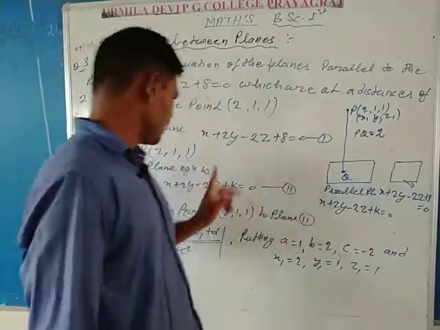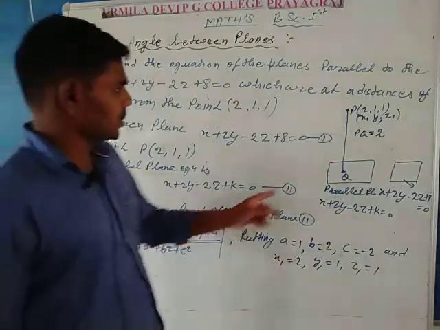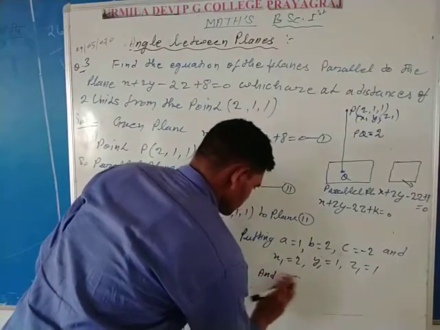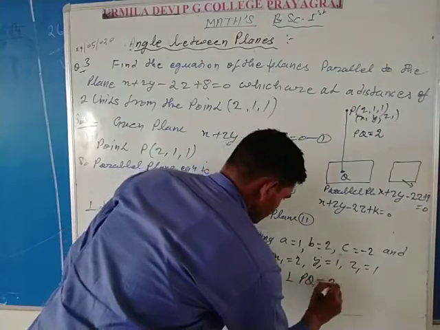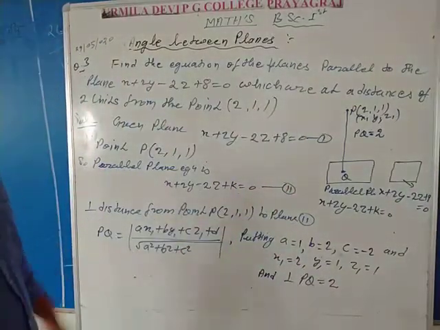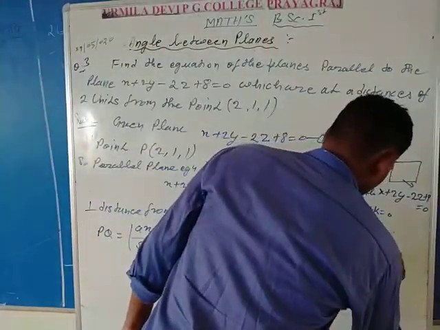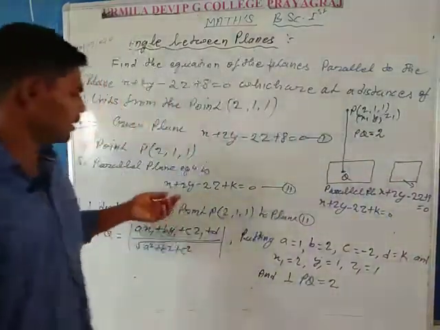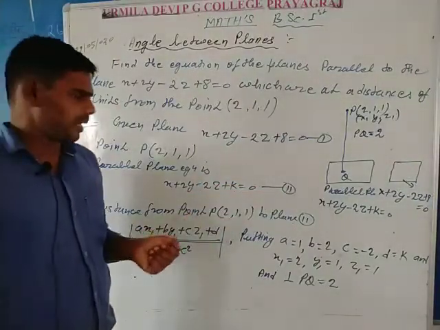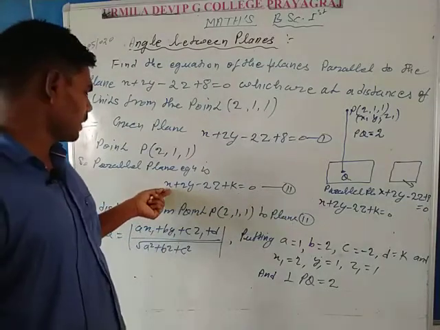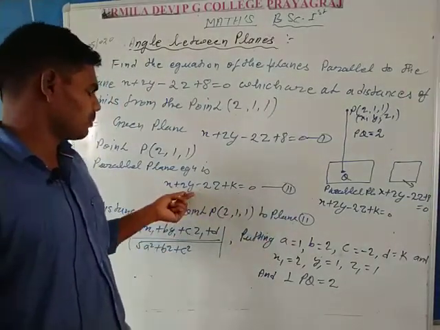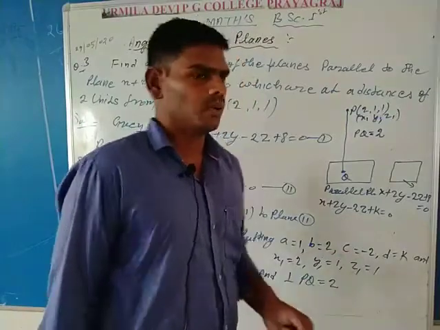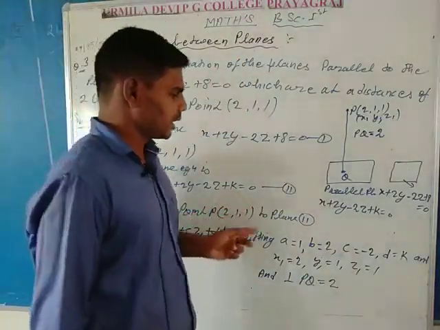It is also given that the perpendicular distance PQ is equal to 2 units. Comparing with the general equation of a plane, the coefficient of x is A equal to 1, the coefficient of y is B equal to 2, the coefficient of z is C equal to minus 2, and D is the constant, which here is k.